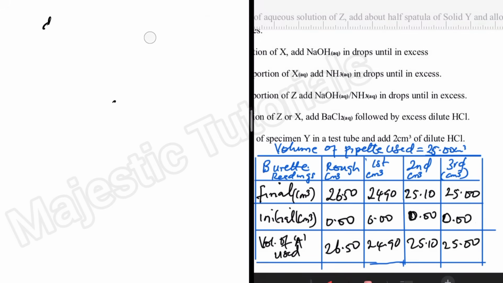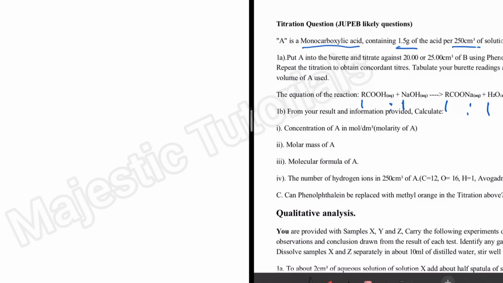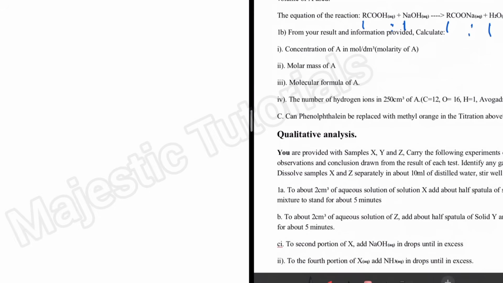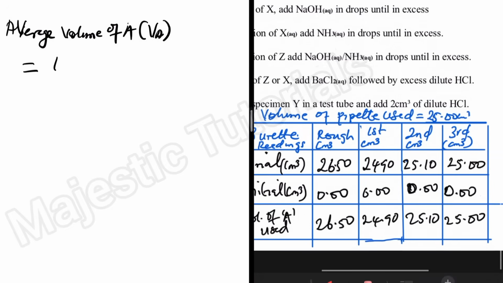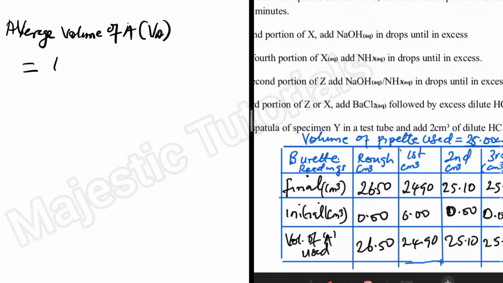They say tabulate your burette reading and determine the average volume of A used. Tabulating my burette reading, I've done that, and the next thing is to determine the average volume of A used. I'll now say average volume of A, VA, is equal to, tell the examiner, from my table all my readings are concordant except the rough, so I can use first, second and third readings.